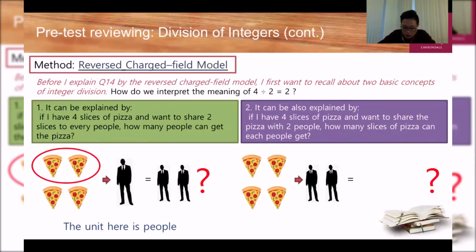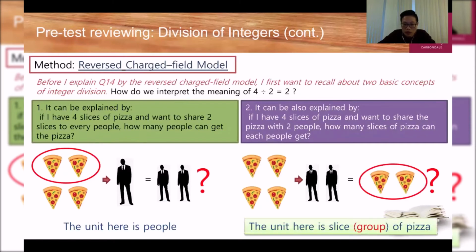Because we have 2 people here, everyone can get 2 slices. So the unit here is slices of pizza, and we call it group. So reverse charge field model will apply the concept about group. We use group as a unit in this model. Okay, so let's see how it works in question 14.